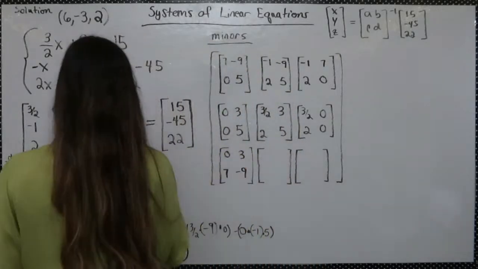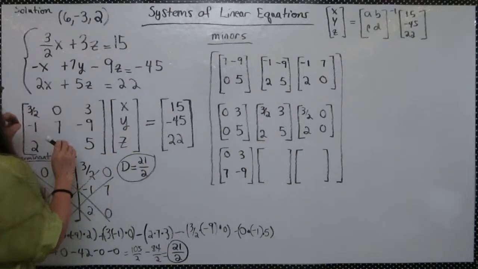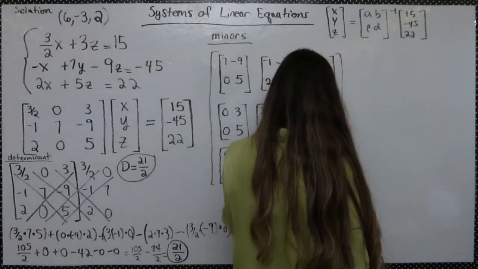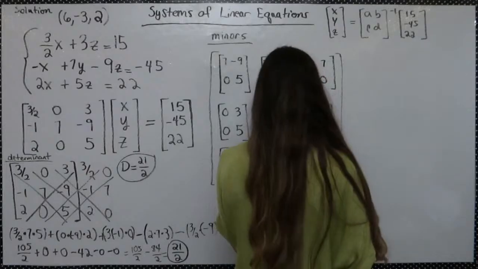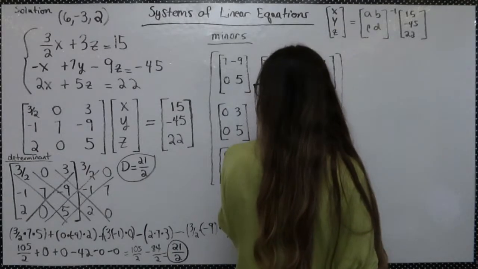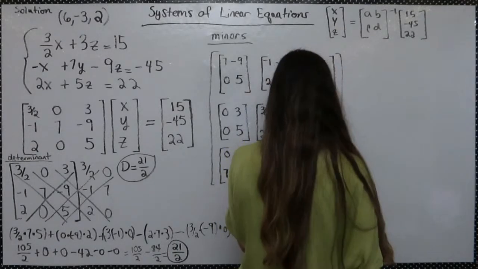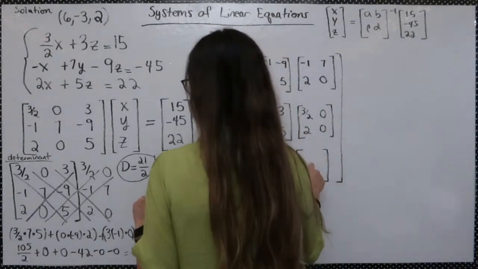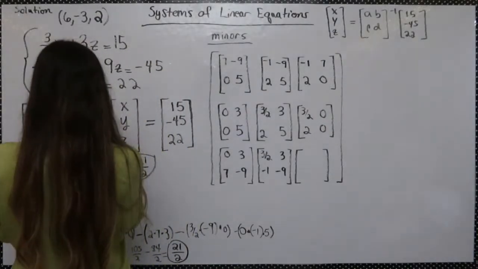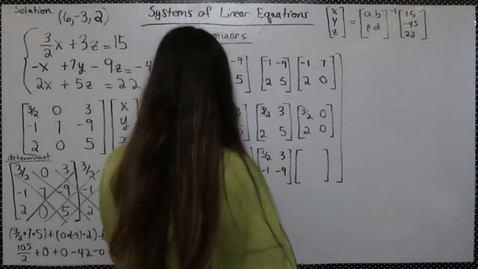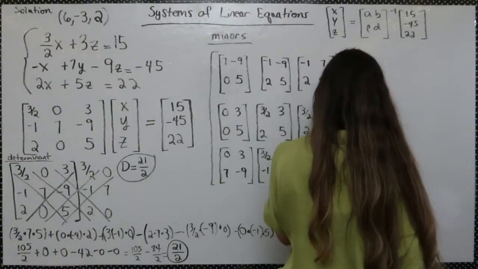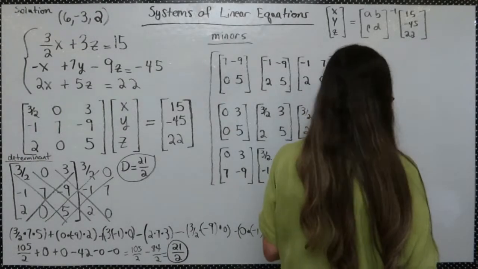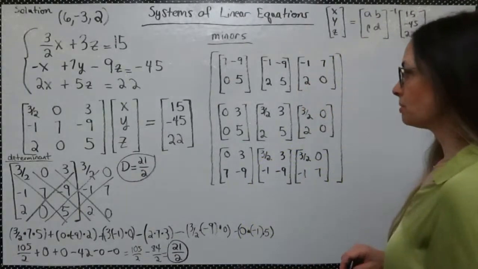And then this one will be these four. So 3 halves, negative 1, 3 and negative 9. And then the last one, it's these four. So 3 halves, 0, negative 1 and 7. Perfect. I hope I did okay.